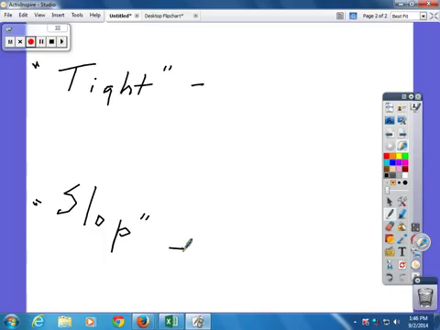All right, I'm going to pull up a picture, and we're going to put some more definitions here.